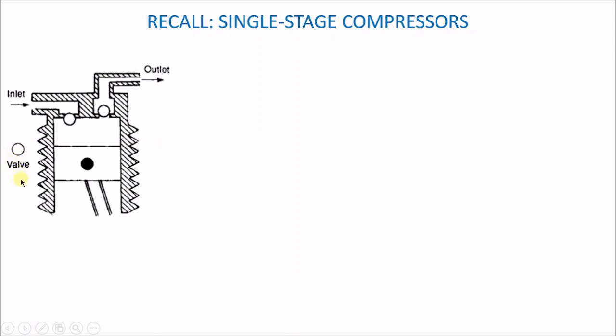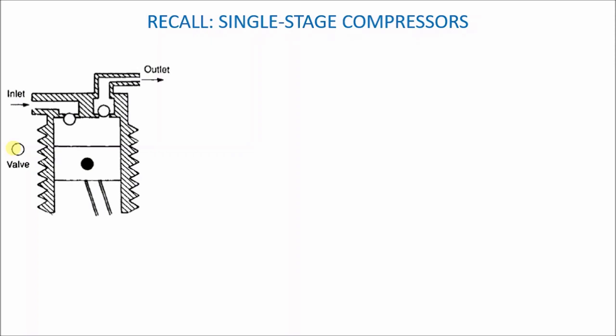Now, for those of you who may need to be reminded, a valve is a door, basically. You can think of it as a door, and valves are there to either allow or disallow the flow of a gas or a substance, or maybe of water, or whatever it is that is moving inside of a pipe or moving inside of a duct.